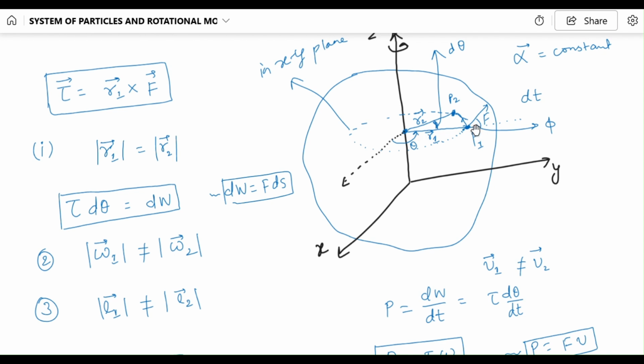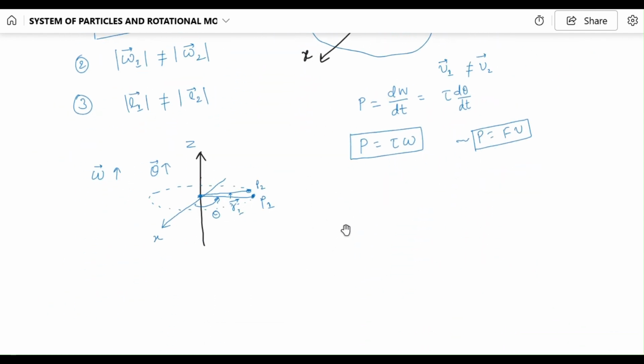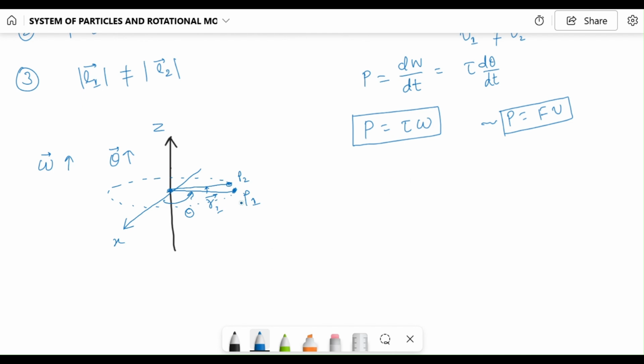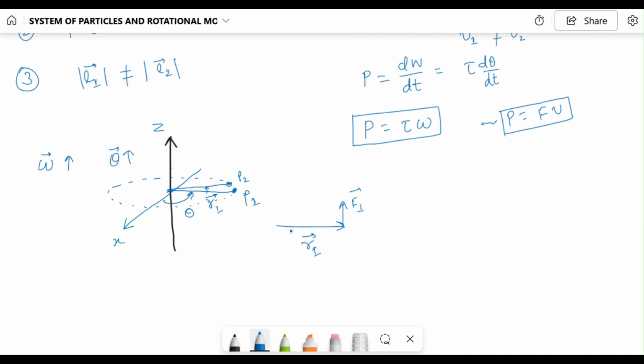Only then will it give us a torque along this axis. So you can find the direction of torque, and using the right hand rule, torque is along the positive z direction.